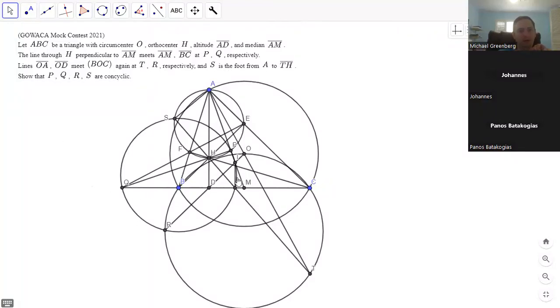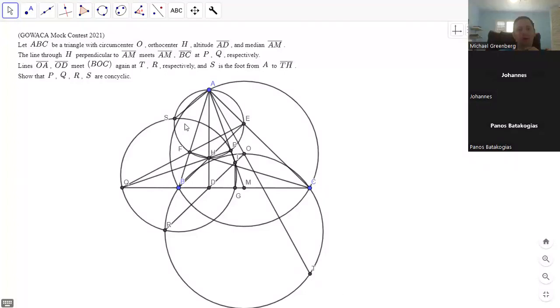Yeah, we know QPI is 90 degrees. Maybe we could define G as the foot of the perpendicular, and then we could try to show those are all collinear. Then we would know that QPIG is cyclic. How did we define G?